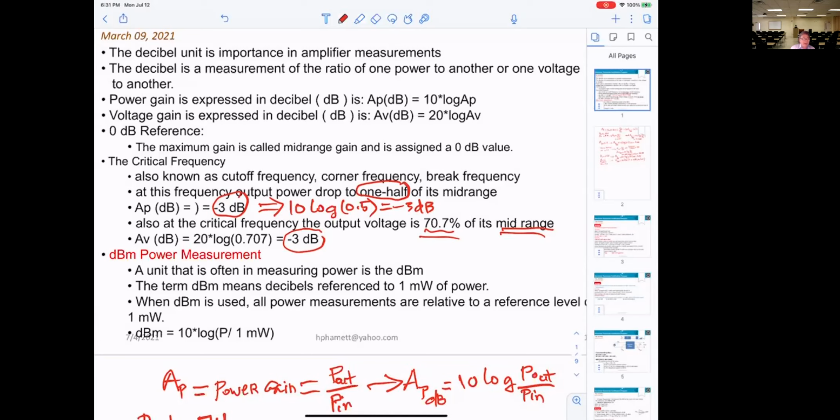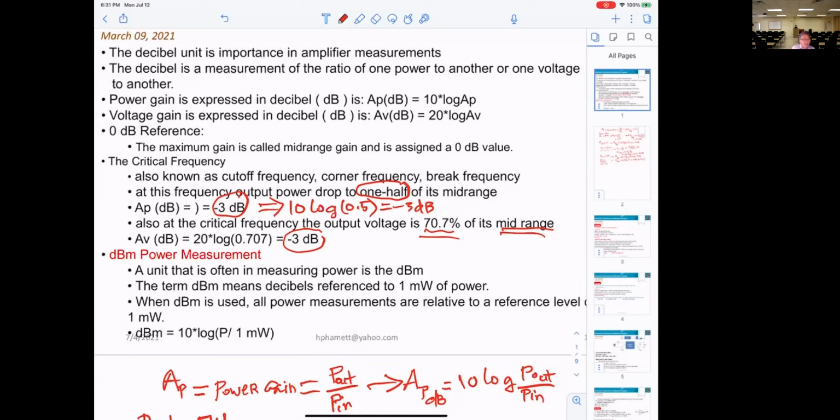And if you take the decibel for the voltage gain, 20 log 0.707, you get minus 3 dB. So at minus 3 dB, the frequency at that point is called the critical frequency.